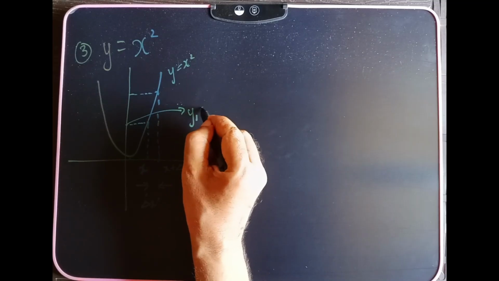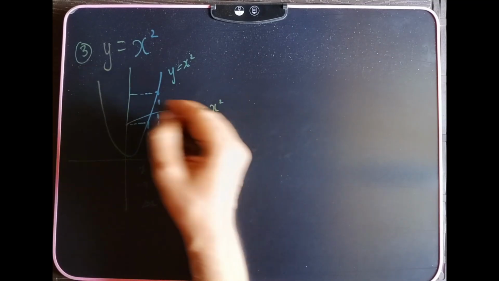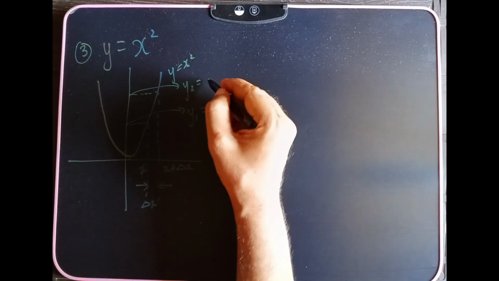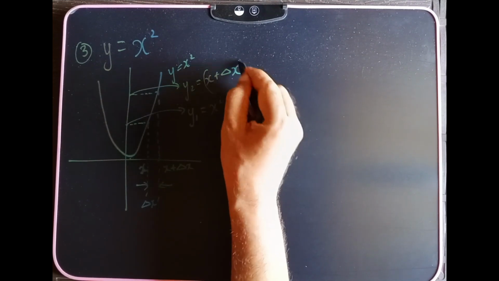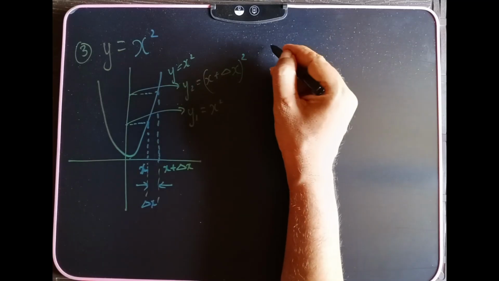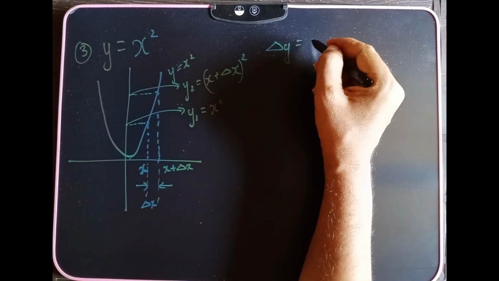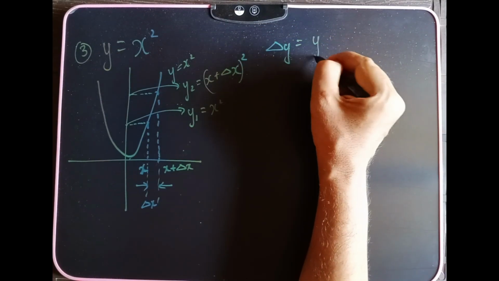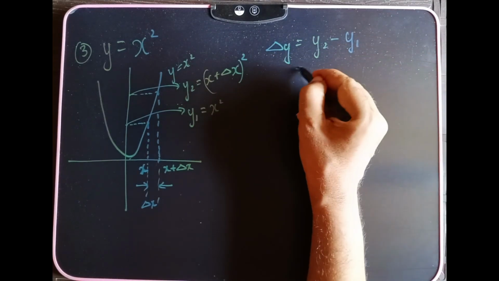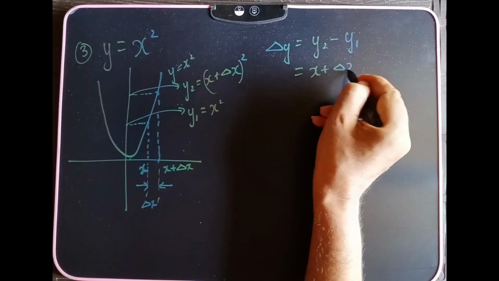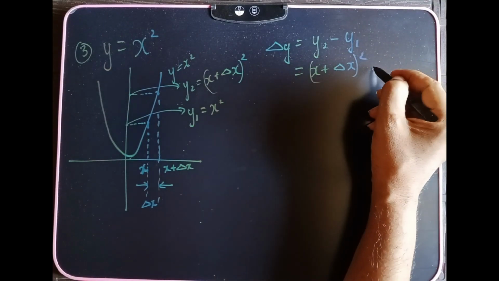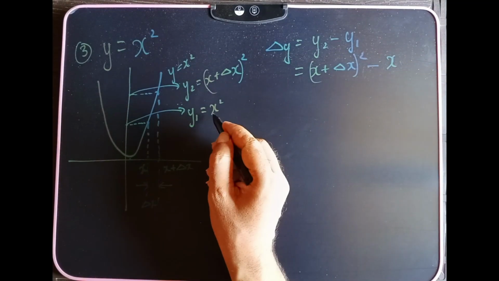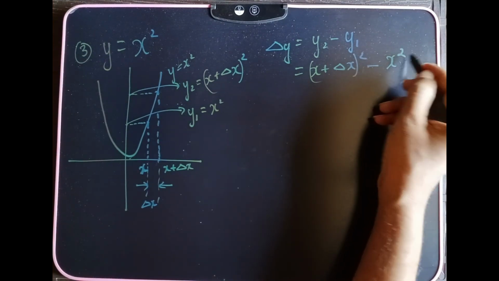This will be y1 is equal to x square, and this one will be y2 is equal to x plus delta x the whole square. So delta y is y2 minus y1, which is x plus delta x the whole square minus x square.